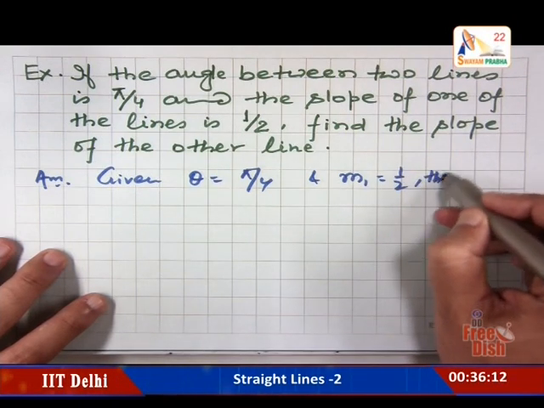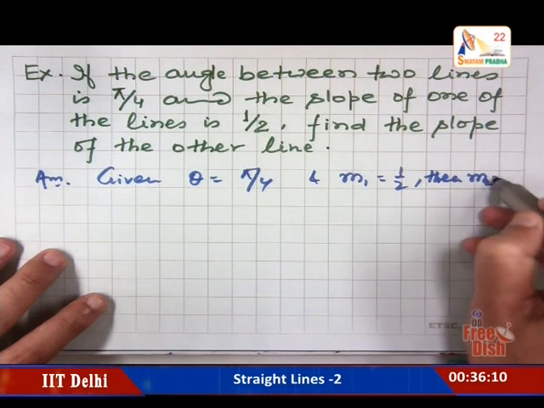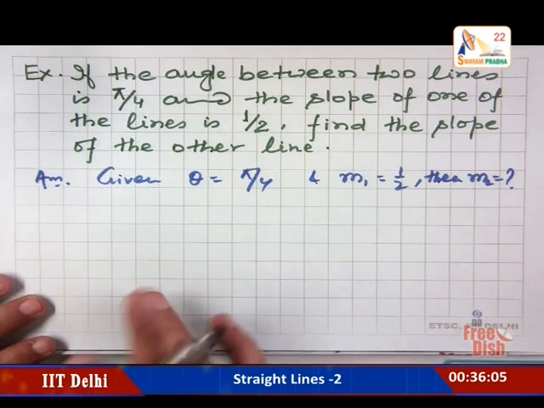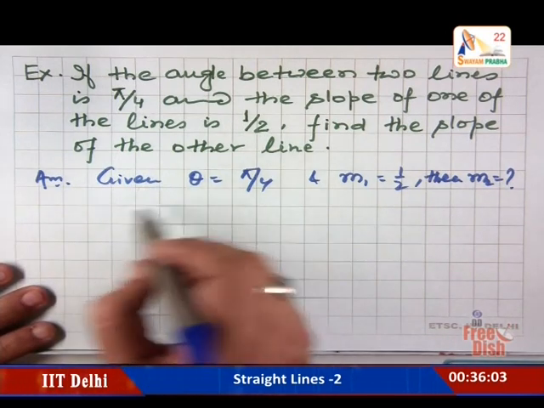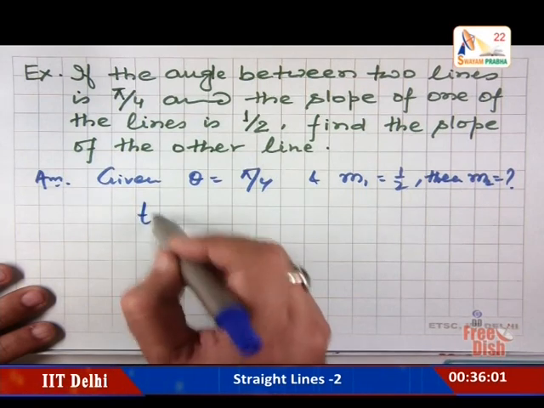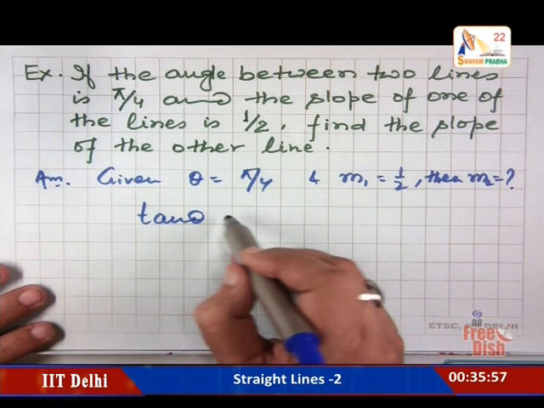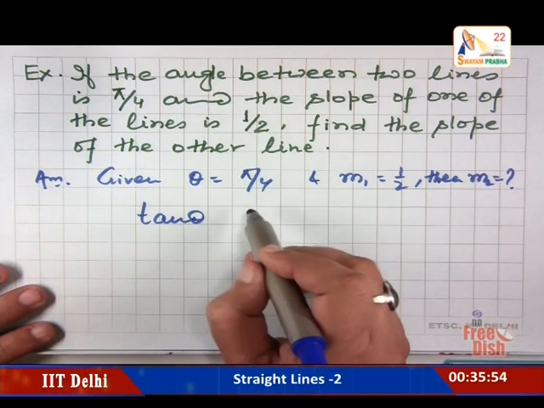Then m2 equal to what? Question is like this. So we know the formula, tan theta, with theta equal to pi by 4.